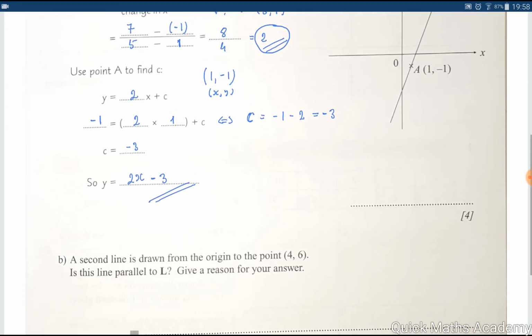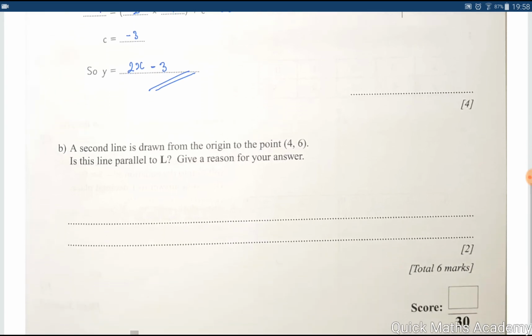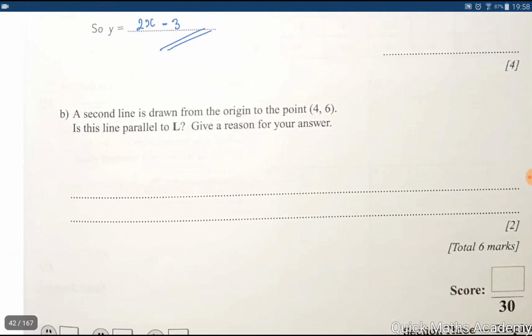So we already know that the gradient of our L line is 2. Let's calculate the gradient of this one. So we have 2 points. We have the origin, which is (0, 0), and we have the point (4, 6). We know that the gradient is (y minus y0) over (x minus x0).